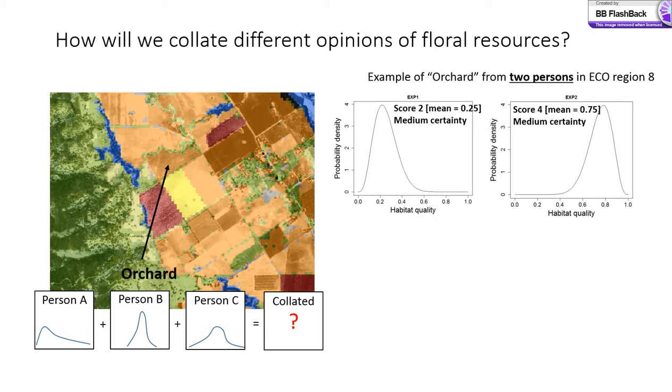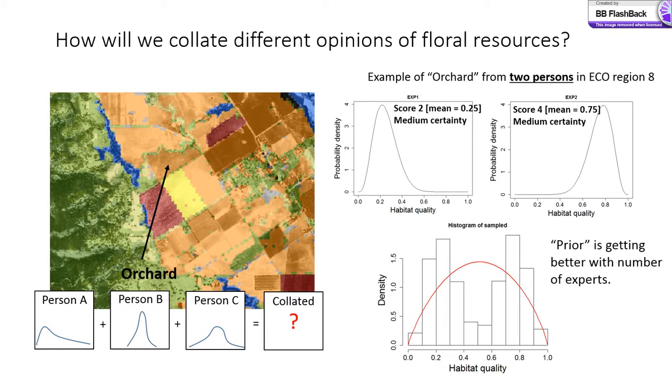Now we can sample the values from those two suitability distributions and repeat the sampled density. Then this red color is now the aggregated or combined distribution for floral resource suitability. Let's say this is our prior, or combined prior.